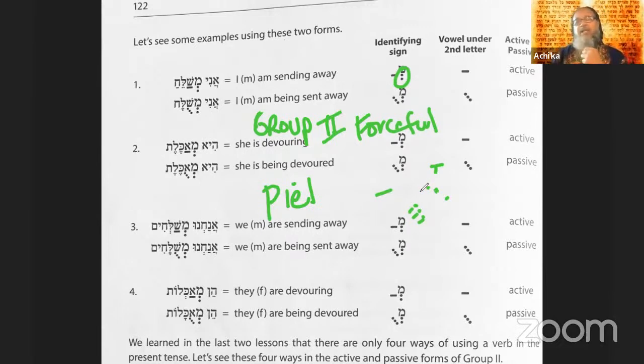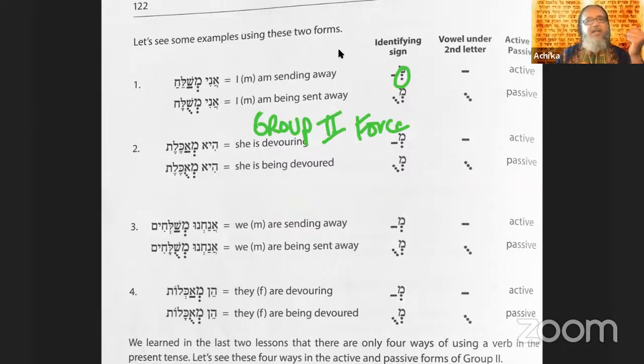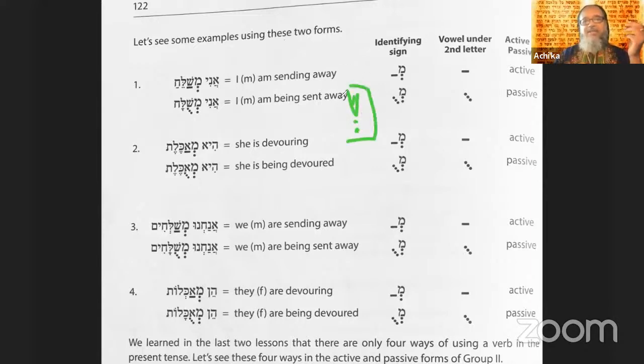So this forceful one, we know the name of it, the group number two, to make it simple. But also the two dots without a mem could be another letter. This is a whole other thing. This is a command.